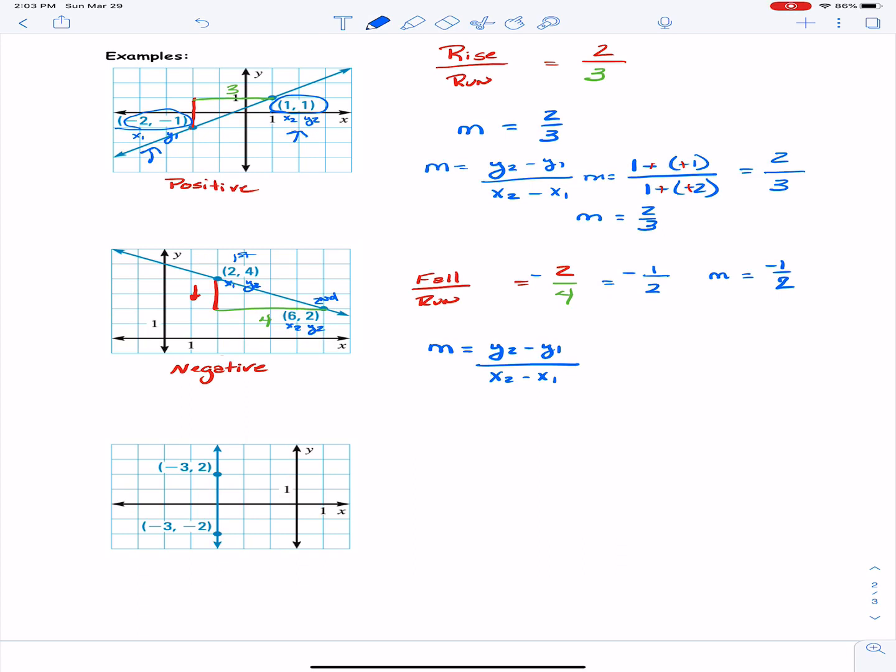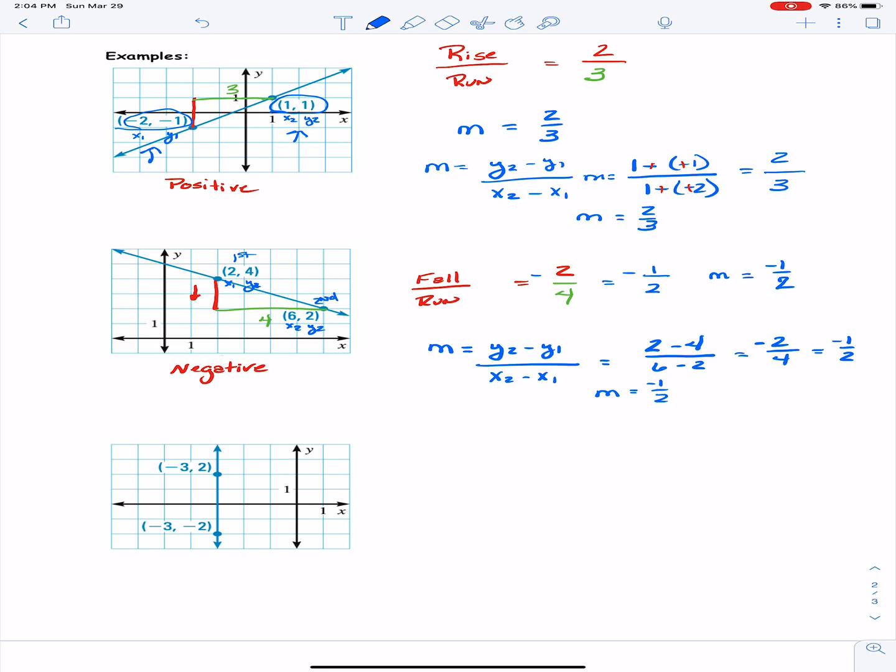And so we're ready to put in our numbers. So we're going to get 2 minus 4 over 6 minus 2, okay, which equals... 2 minus 4 gives me negative 2. 6 minus 2 is going to give me 4, and negative 2/4 gives me negative 1/2. So my slope, using the equation, is negative 1/2.